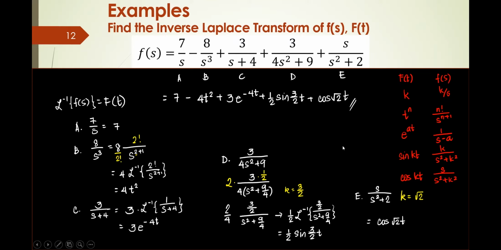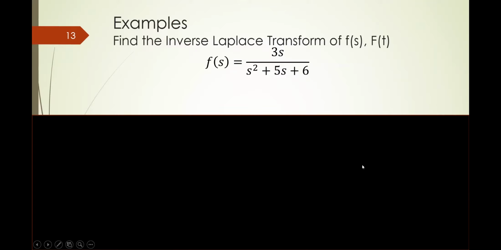Okay. So basically, you refer to this, but then you are getting the inverse of it. That's why it's a bit more tricky, but I like it because you really have to think and use your mathematical and logic skills. So in here, find the inverse Laplace transform of f of s. So basically, you're getting the f of t.